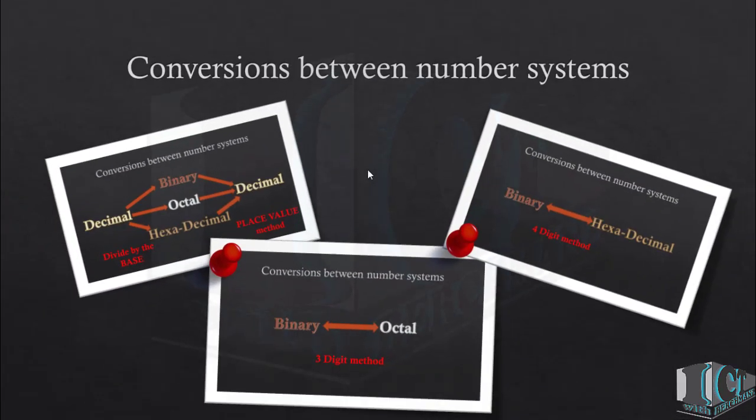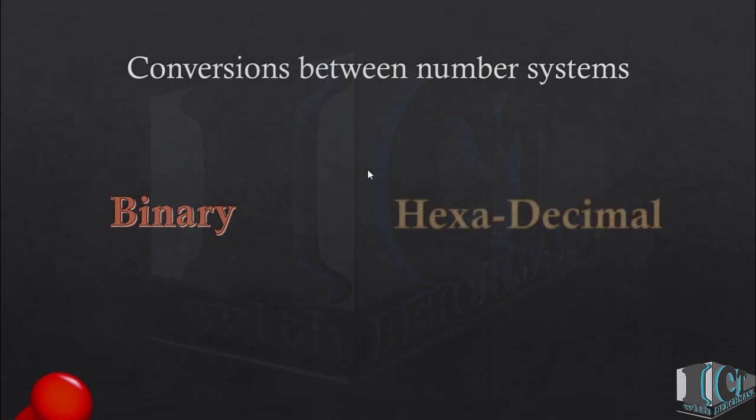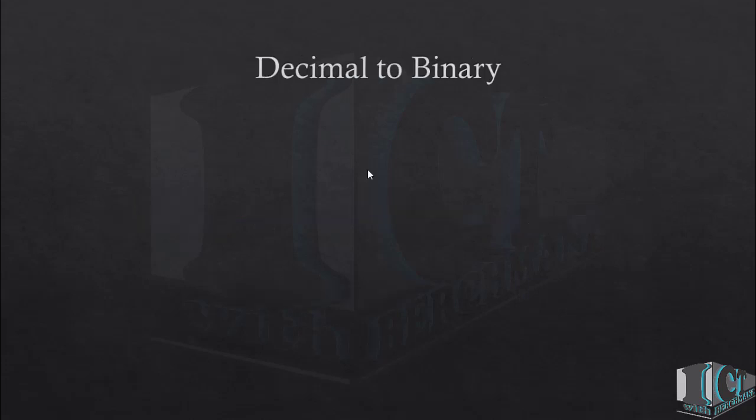And finally, for the conversion between binary to hexadecimal or hexadecimal to binary, I am going to use the 4-digit method. So these will be the methods that we are going to use to convert between different number systems in your syllabus. So let's look at the first one.